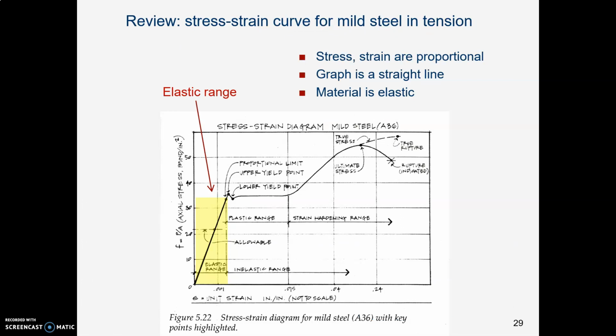So just to review quickly, here's our stress-strain diagram. In the elastic range, stress and strain are proportional. This graph is a straight line, and the material is still elastic.